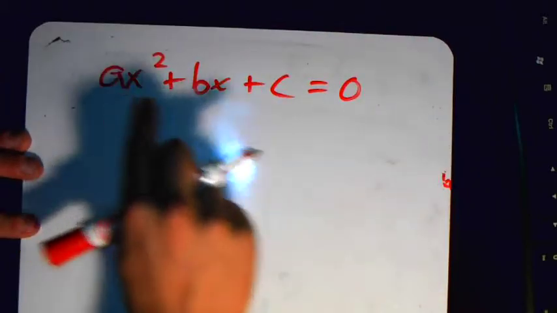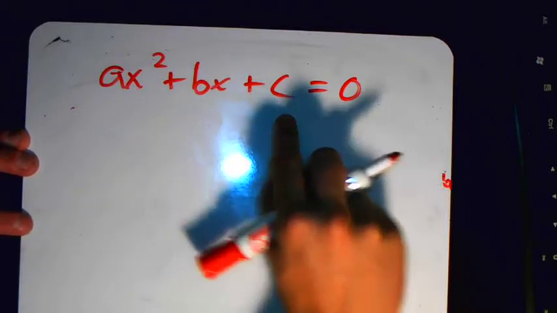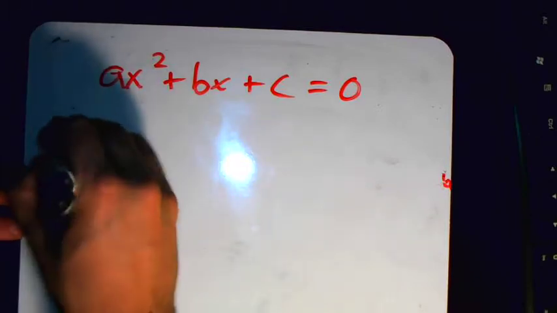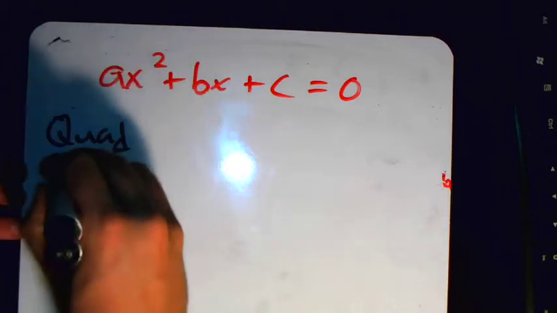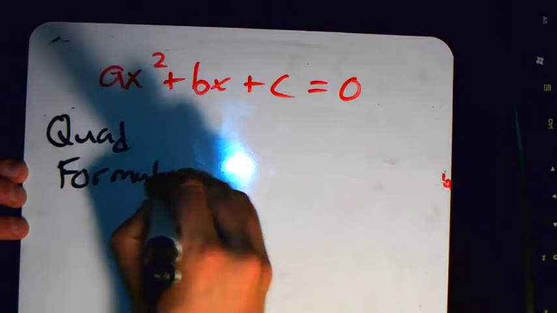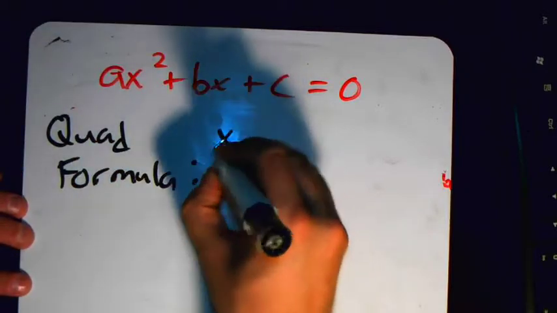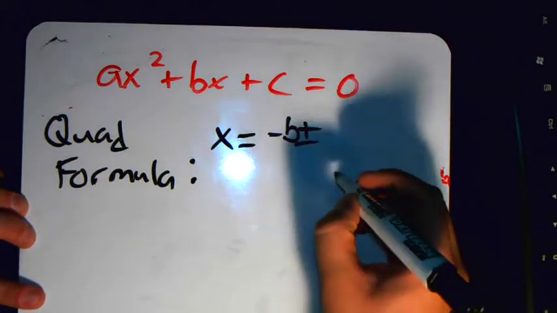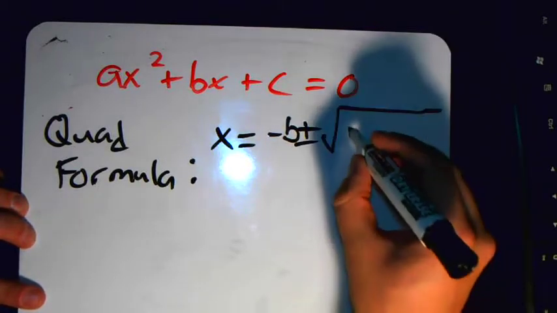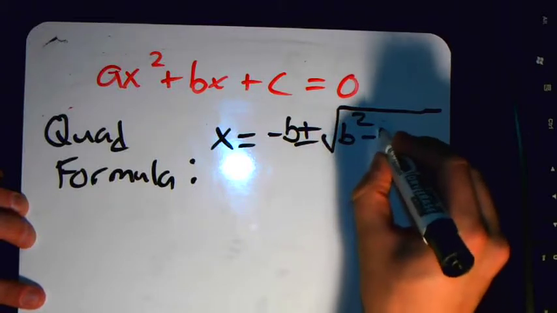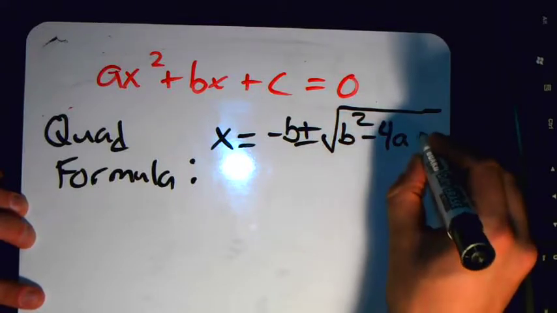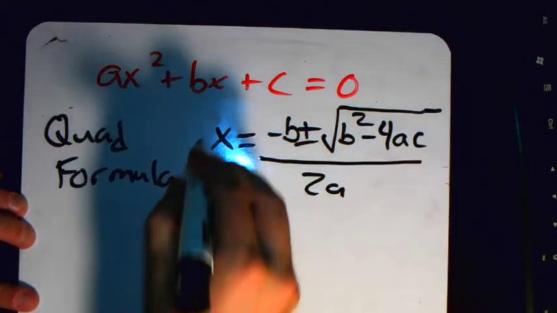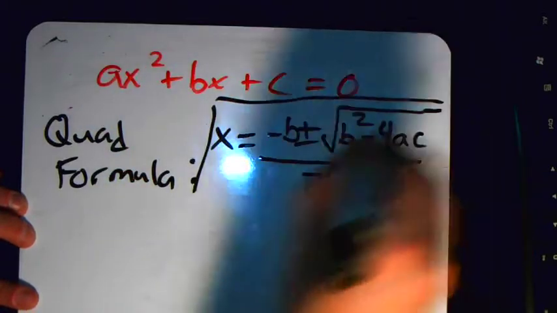If we have an equation with an x squared, an x, and a number by itself set equal to 0, then we can use the quadratic formula, which is the following. x is equal to negative b plus or minus the square root of b squared minus 4 times a times c, and this is all being divided by 2a. This right here is the quadratic formula.